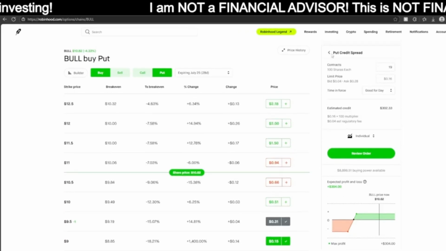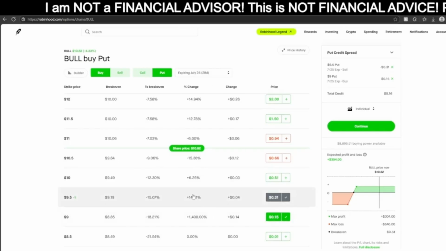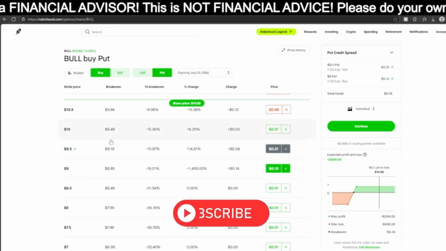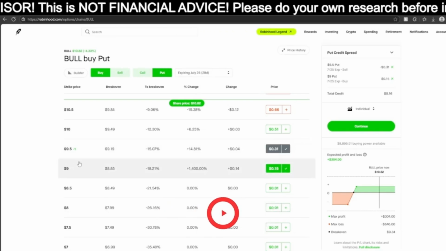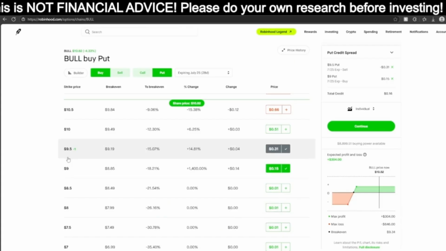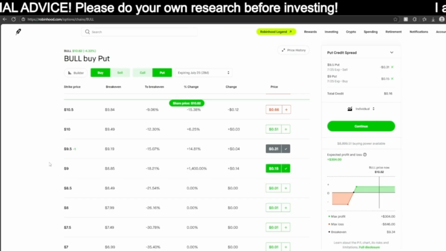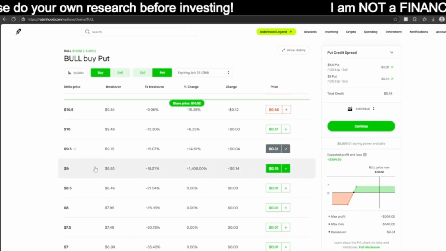The other risk that can happen here, which is why it is a level 3 option, is that there is a potential for you to be pinned between these two strikes, which is not good. Say at the day of expiration, Webull closes at $9.25. Well, this expires worthless because it didn't hit the $9 that you bought it for.